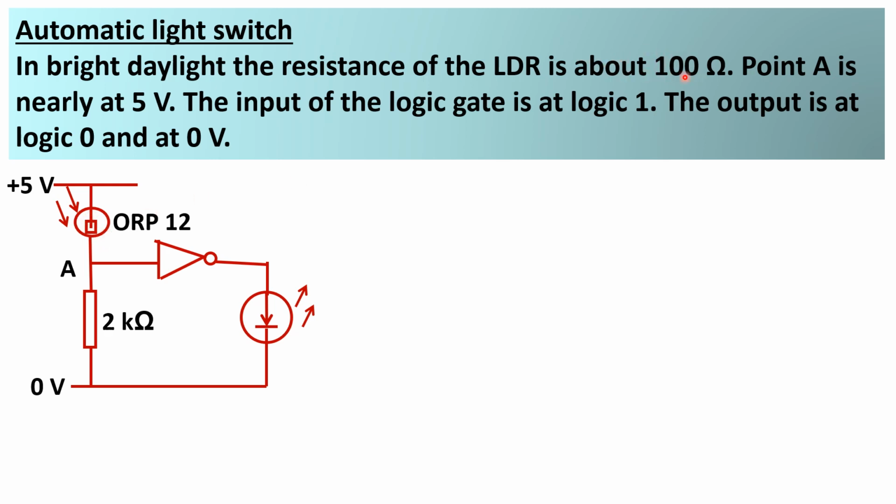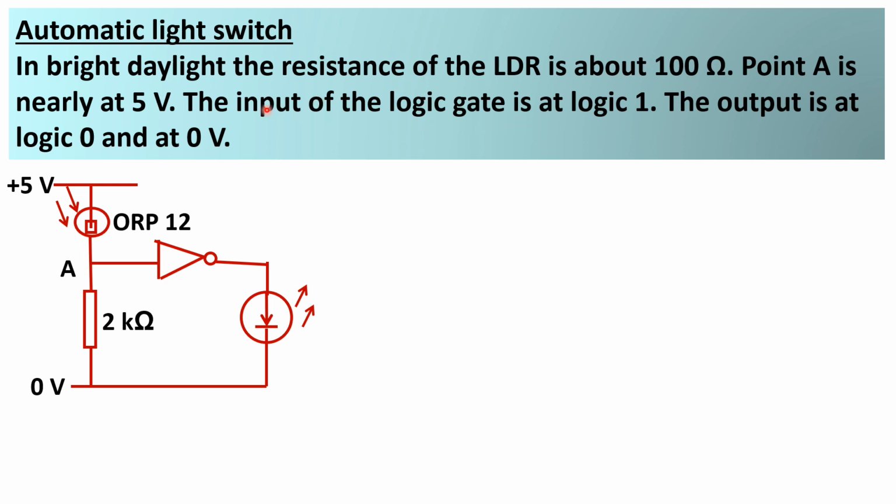At that resistance, which is relatively low, point A is nearly at 5 volts, since the battery has an input voltage of 5 volts. The input of the logic gate would be at logic 1, while the output is at logic 0, at 0 volts.